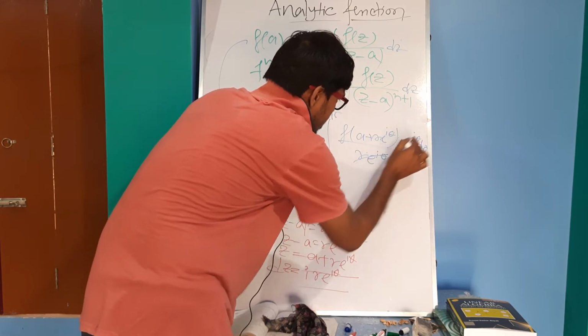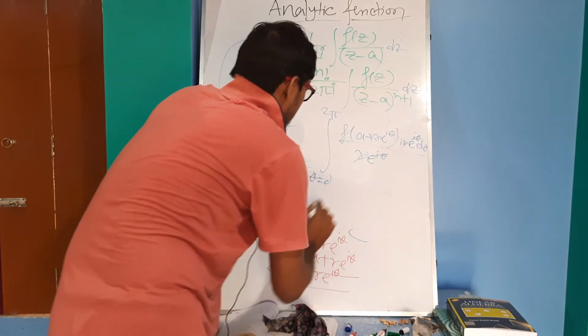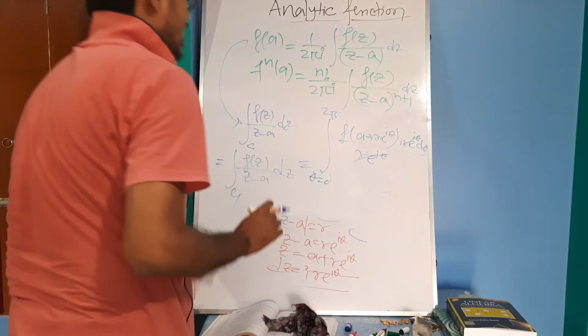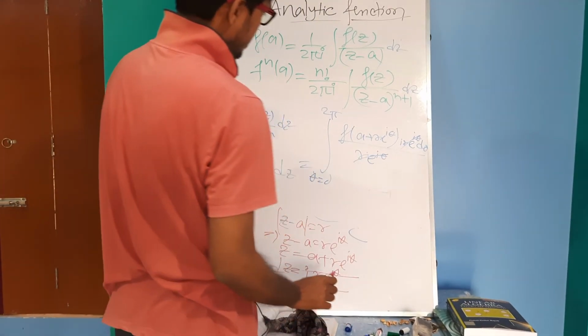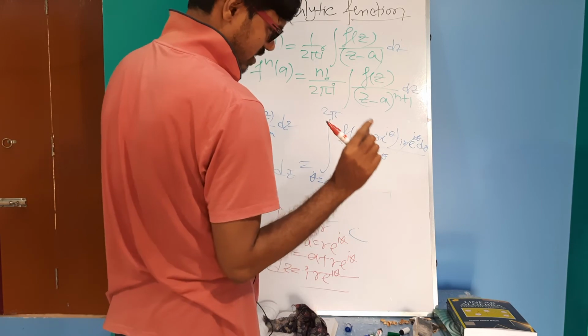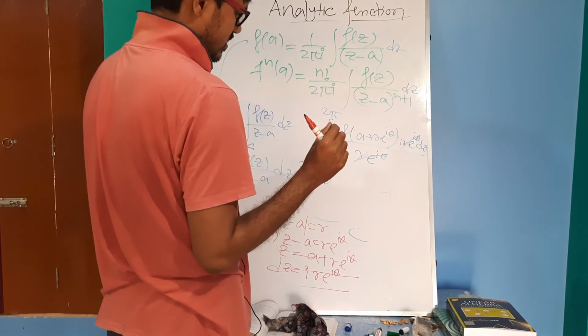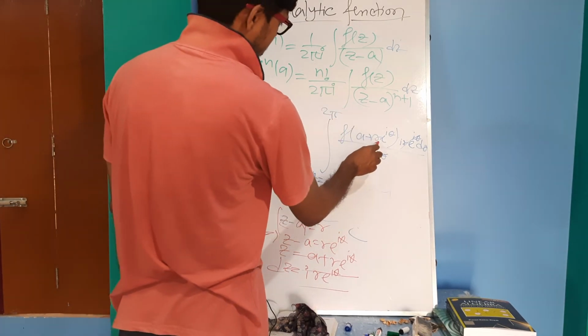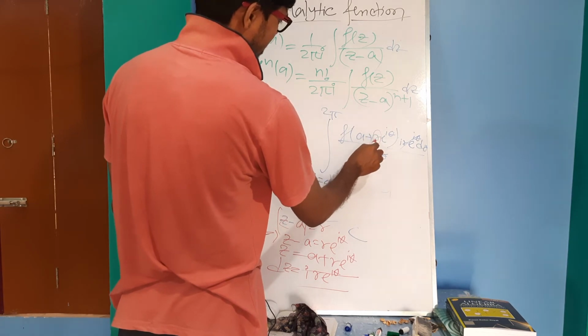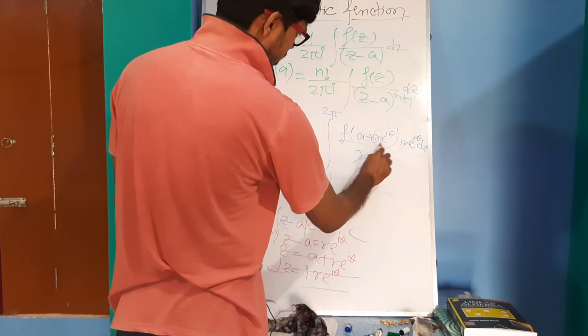So r e power i theta is vanished, i is there, and if r is very small, we have already mentioned the radius is very small, you can take it as infinitesimally small and put it as 0, so this part will be vanished.